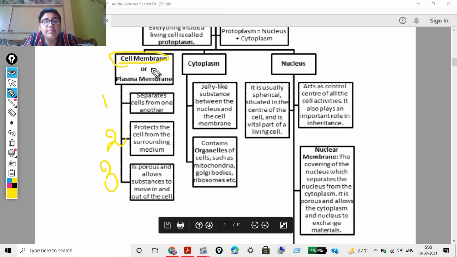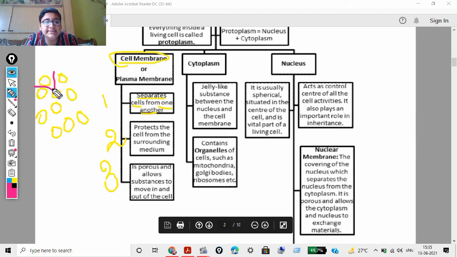Cell membrane. Now cell membrane separates one cell from another cell. Here is a cell, here is a cell, here is a cell. These are cells, okay? Now what is the cell membrane? Let me show you. These are the cell membrane.